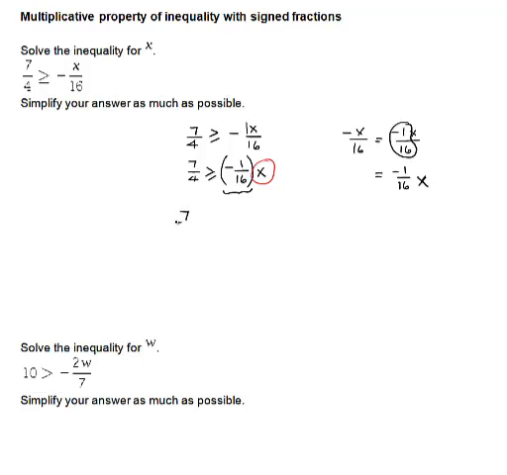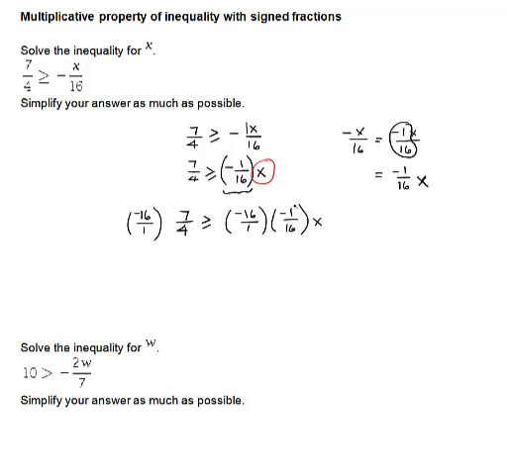So I have 7/4, and I'm going to multiply both sides by not negative 1/16, but by negative 16 over 1, because that's the reciprocal. Over here I still had my negative 1/16 x.